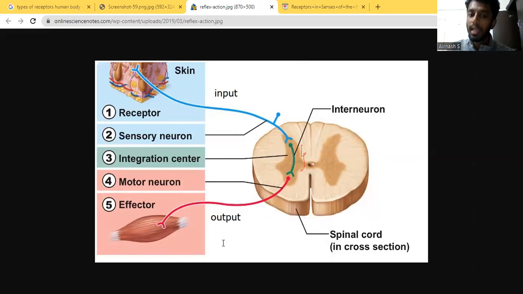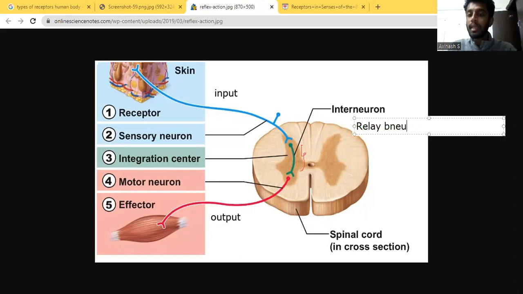So between the input signal and the output signal, the connection is called the interneuron, or also the relay neuron. We all know the game of relay. When we play relay, we have a stick in our hand and we pass it from one person to another.